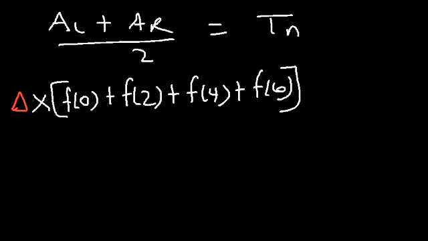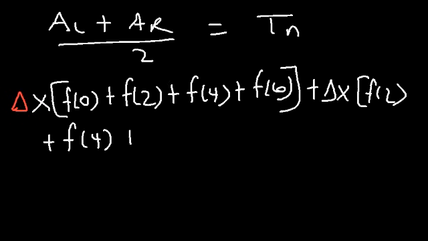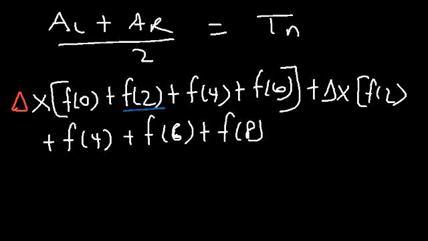And the right Riemann sum was equal to delta x times f of 2 plus f of 4 plus f of 6 plus f of 8. And all of this is divided by 2, but we'll divide it by 2 later. So notice that we have 2 f of 2's, 2 f of 4's, and 2 f of 6.